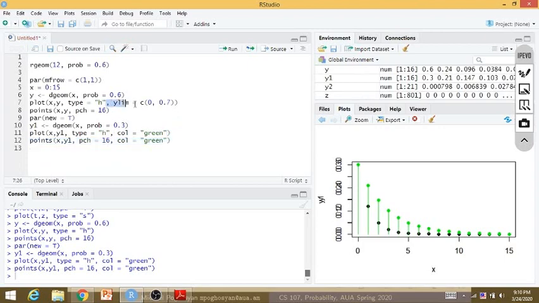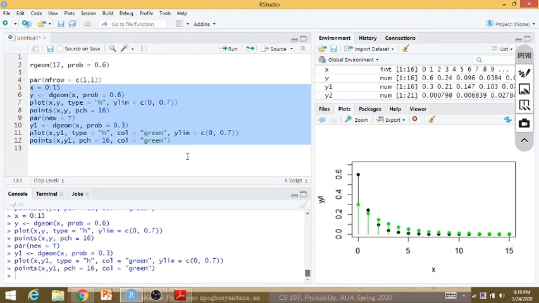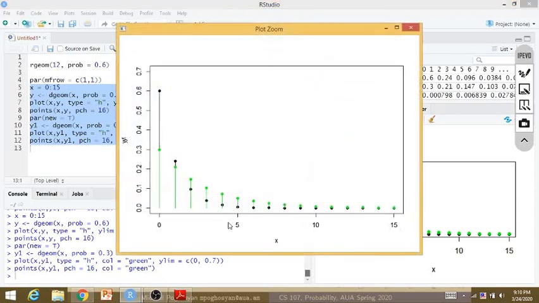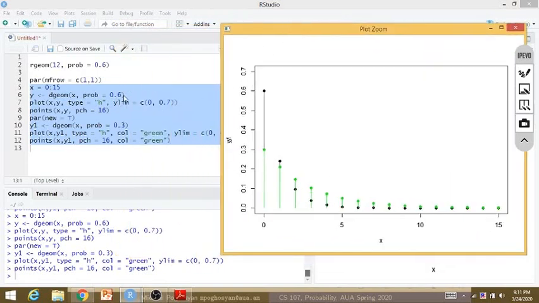I need to copy this, Control C, not here, but here, Control V. Now I can do the plot and have this kind of picture. So black one is for probability 0.6 and green one is for probability 0.3.